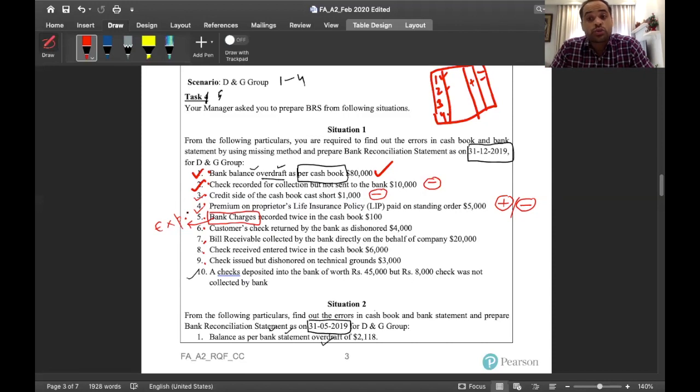They were recorded two times in the cash book. Plus, everybody plus? Anybody minus? Everybody plus? Okay, so plus.